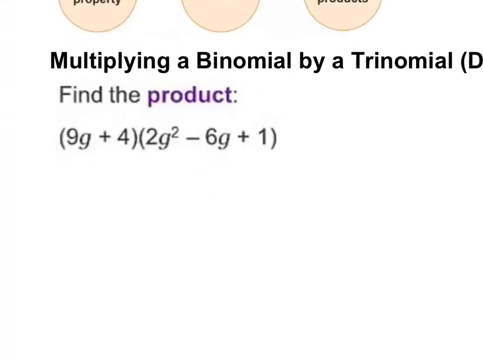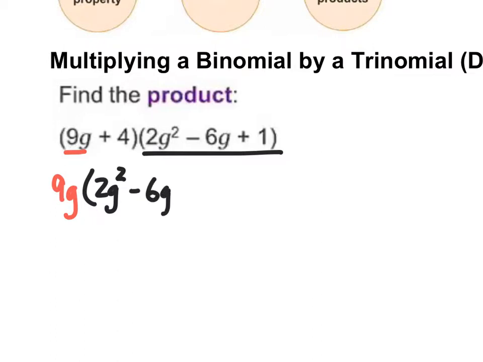So let's look at this. We're going to take 9g plus 4 times this trinomial, 2g squared minus 6g plus 1. It is kind of tedious, but let's do the 9g times your entire trinomial here. So I'm going to write this out as 9g times 2g squared minus 6g plus 1.